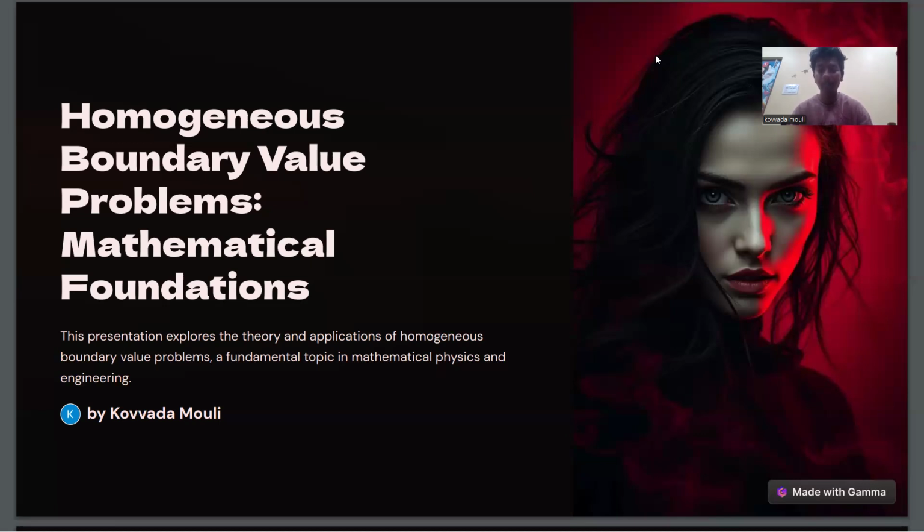Introduction to boundary value problems. Boundary value problems involve finding solutions to differential equations that satisfy given boundary conditions. Unlike initial value problems, which specify conditions at a single point, BVPs impose conditions at multiple points.